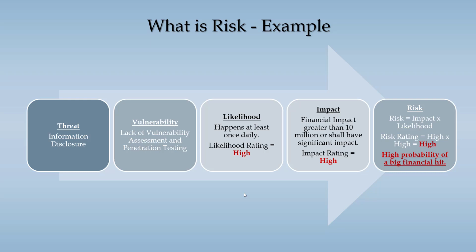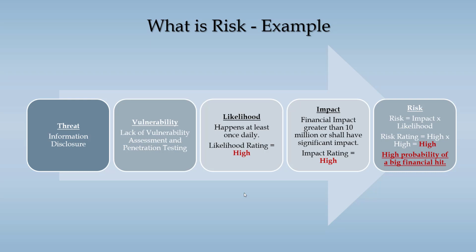Now what will be the risk? As we discussed earlier, the formula of risk is impact multiplied by likelihood. Now, risk rating is equal to high multiplied by high. That is, in this particular example, we calculated likelihood of this threat exploiting the vulnerability is high, and the impact of the same is high as well.